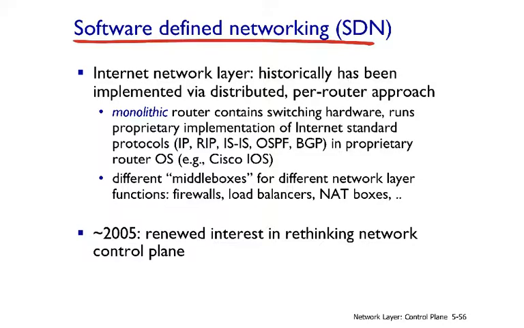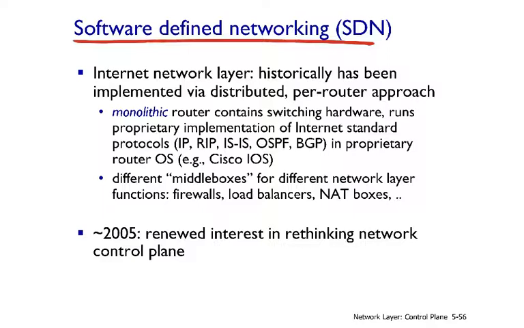So the router has both the data plane and the control plane installed inside, and the information that is exchanged among routers can be done in a distributed way to compose a routing protocol.